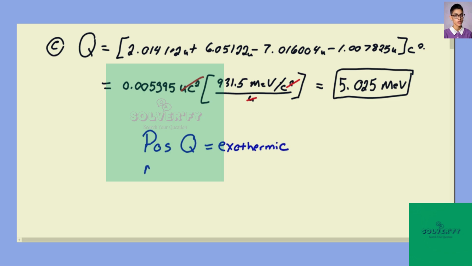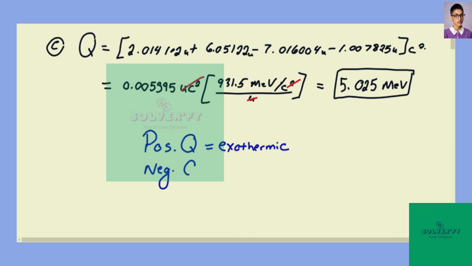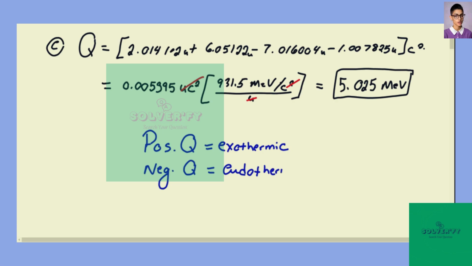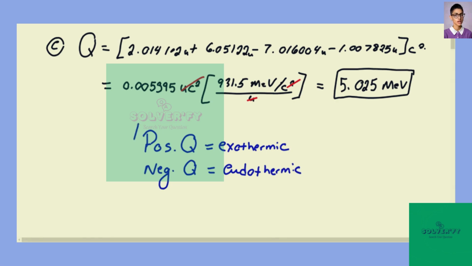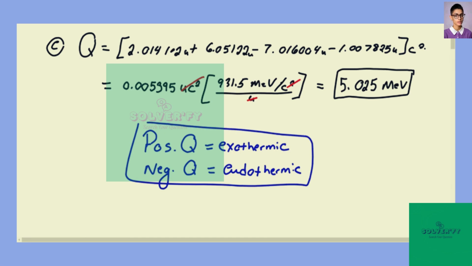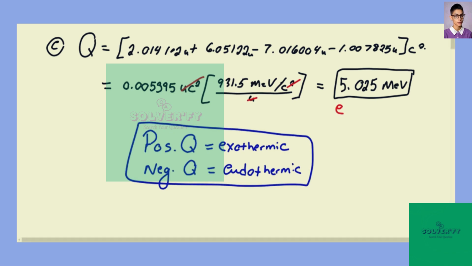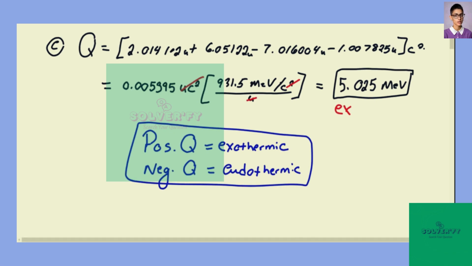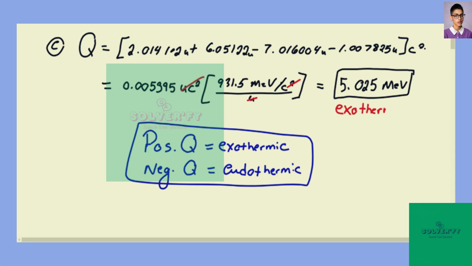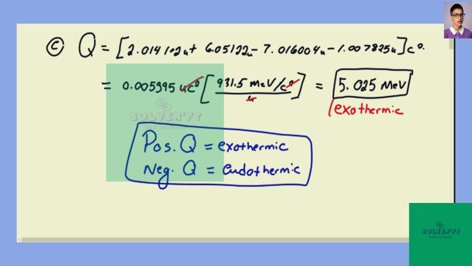If it's a negative Q value, it's endothermic. Okay? So that means for this, it's positive. So this reaction is exothermic. Okay? And that's your answer for here.